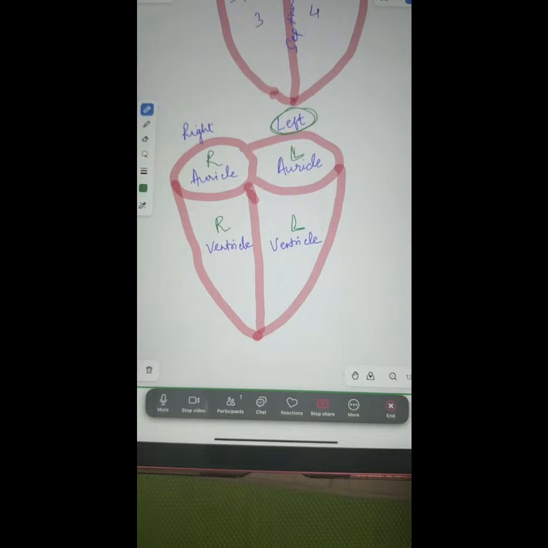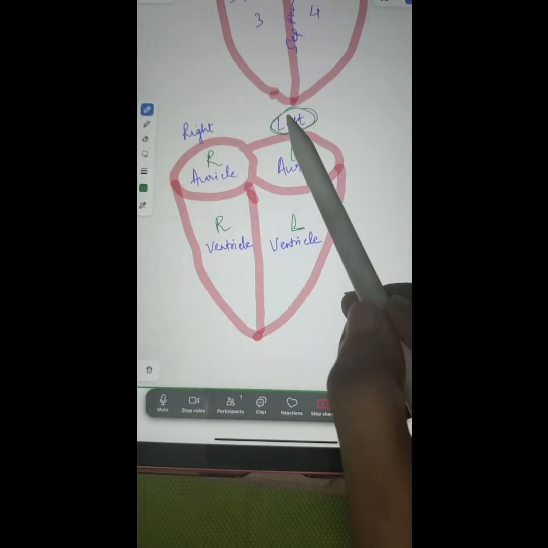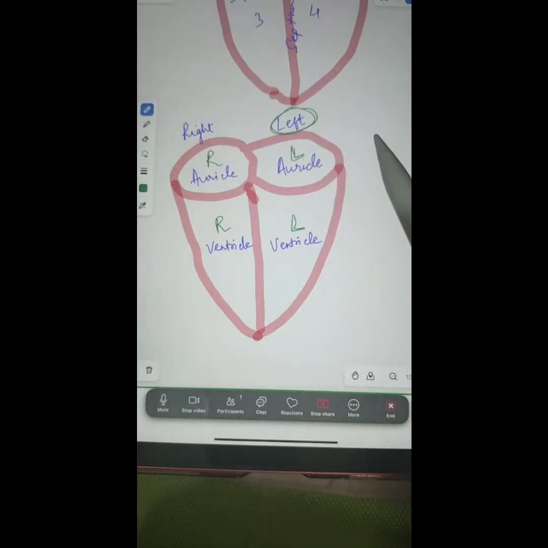So whatever we have done till now, we can recollect that the human heart is four-chambered and all the chambers are separated by a wall or septa. There are two sides in the heart. One is the left side and another is the right side, right?